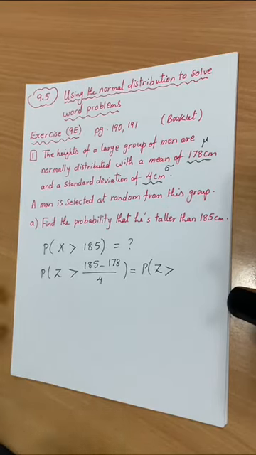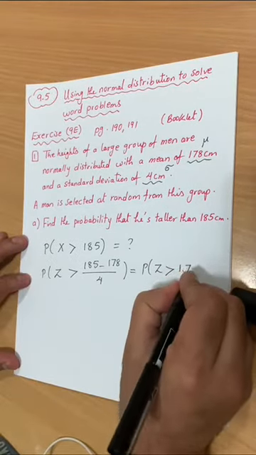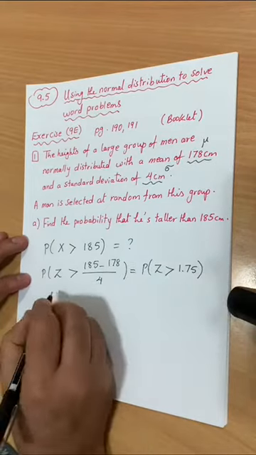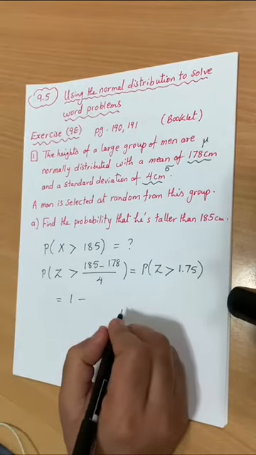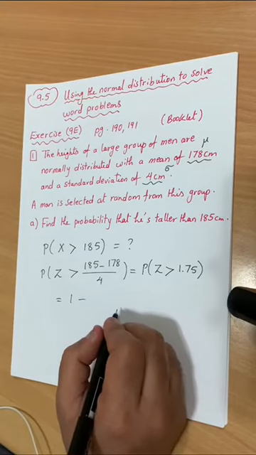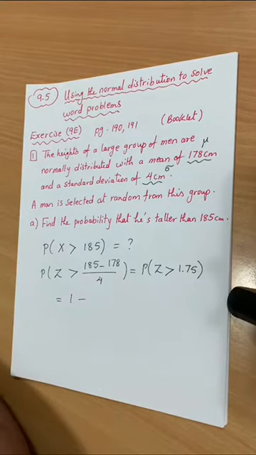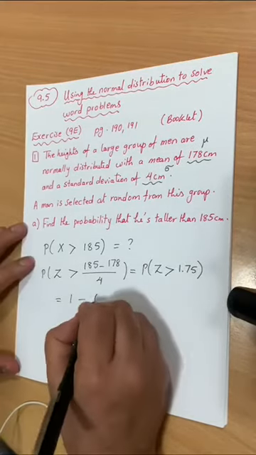So you'll get 1.75. More than, for a positive value, is 1 minus the table value. So from the table, 1.75 is 0.9599.